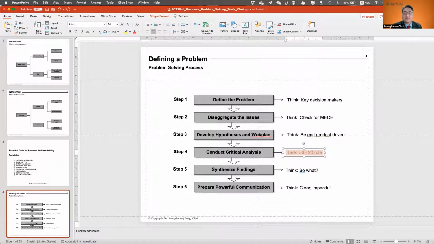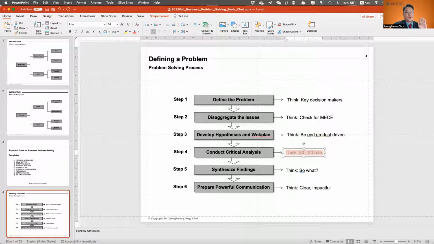And the 80-20 rule is the Pareto rule. What is the Pareto rule? That is 20% of the causes result in 80% of outcomes.